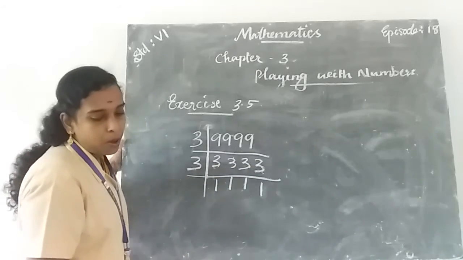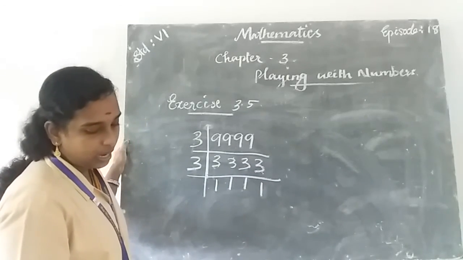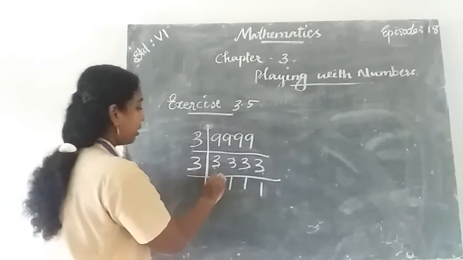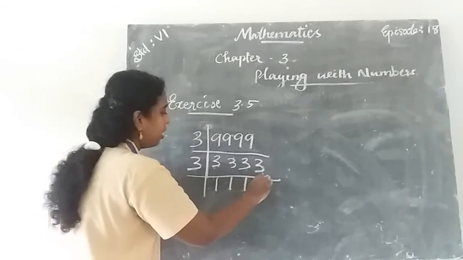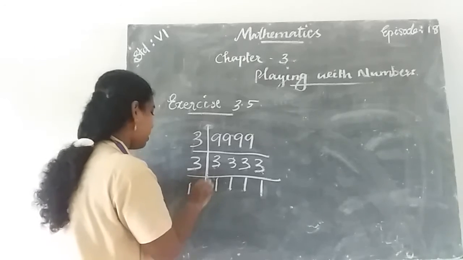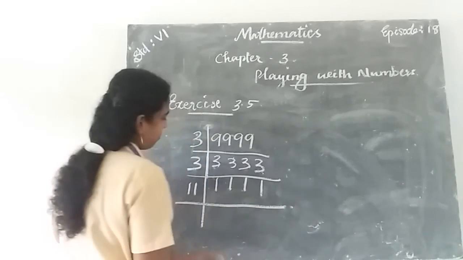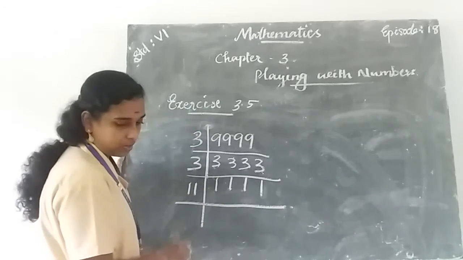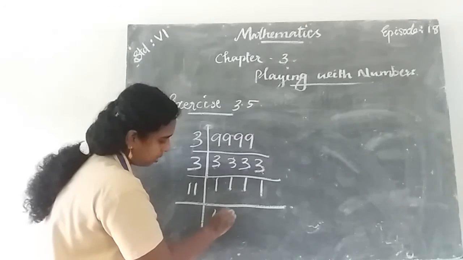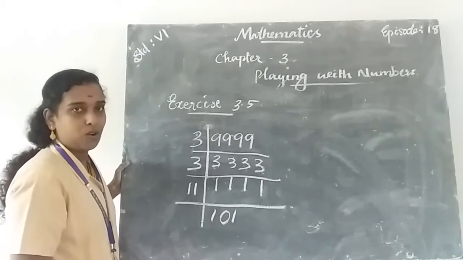So we get the prime factorization of 1111. This can also be divisible by 11. 11 is a prime number. Then we get 101.